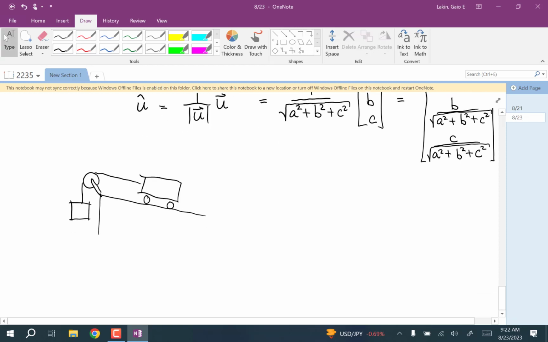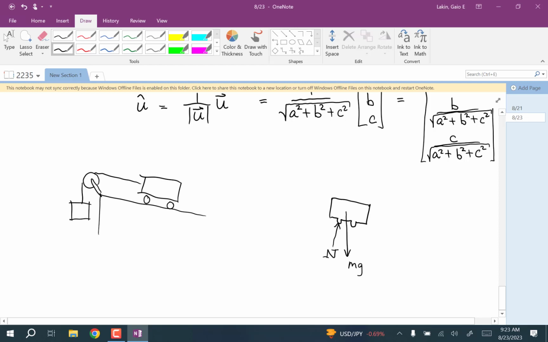What's the direction of the force that cable applies to the cart? Okay, you have a weight force going down. You have a force pushing on the ground, from the ground.